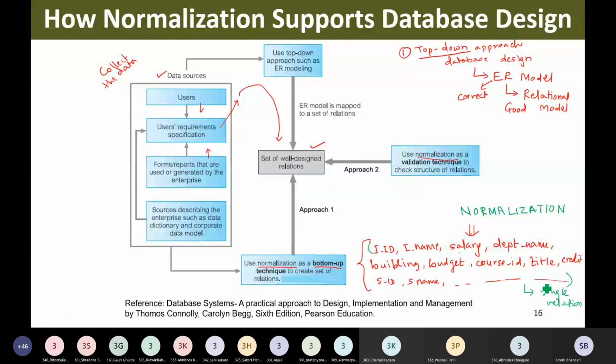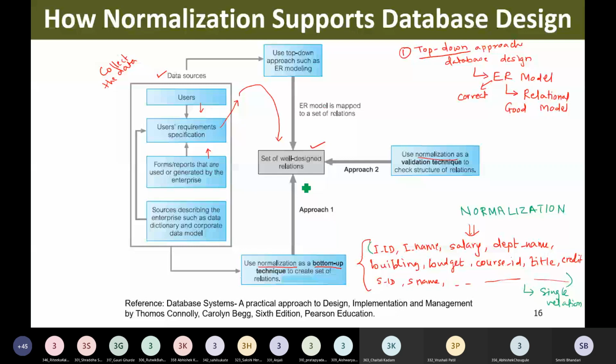In fact, initially all the attributes are dumped into a single relation, and we apply the normalization process, which is a bottom-up technique, to come up with well-designed relations.